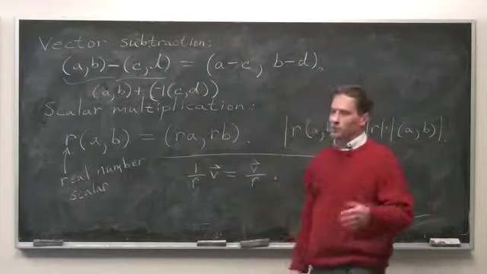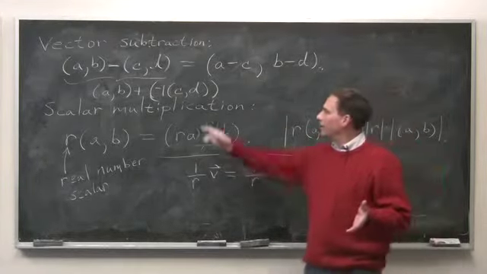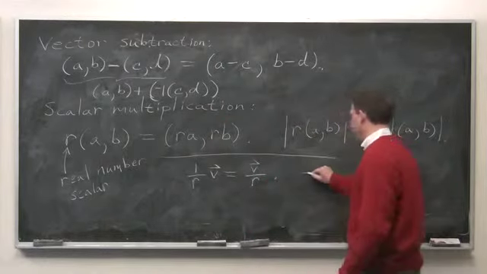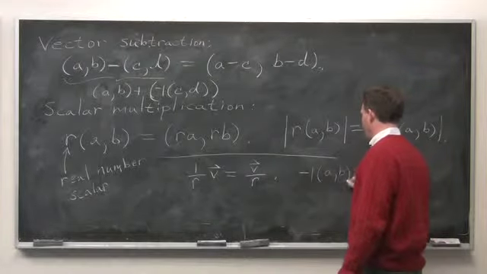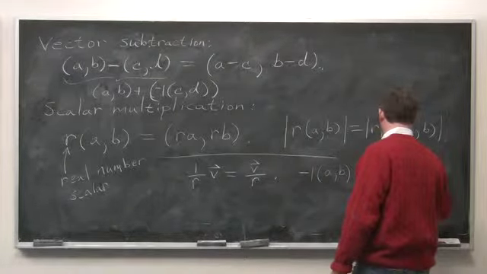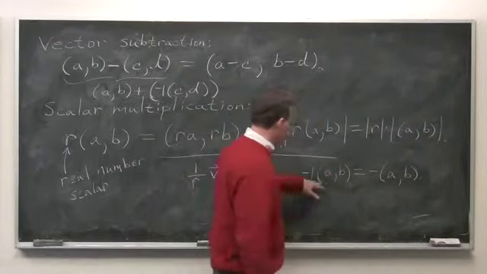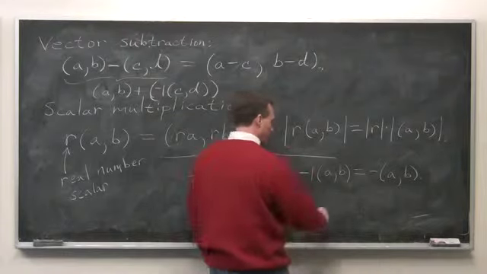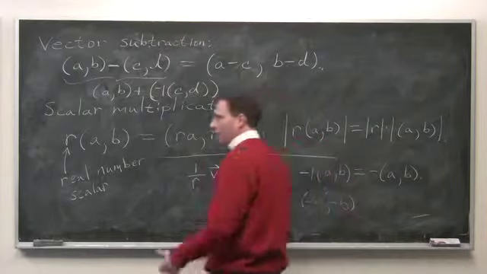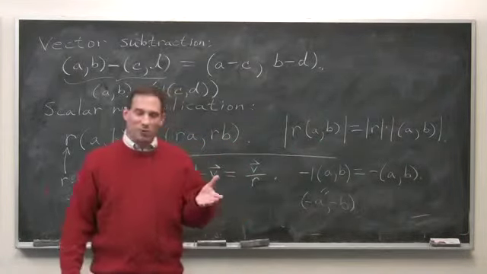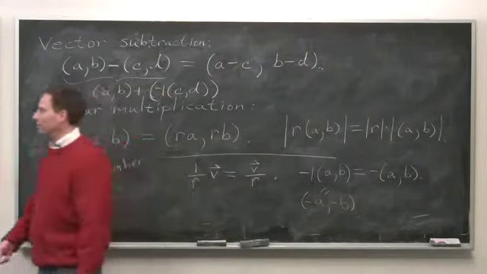So those are the same. It's no surprise. You can think of subtraction or you can think of adding minus 1 times the thing. And that's another piece of notation. Minus 1 times a vector, we usually just write as negative AB, which by definition of scalar multiplication is the same as you just negate both A and B. There are lots of things that you do when you're defining all these operations on vectors that you would guess even if nobody told you, probably.